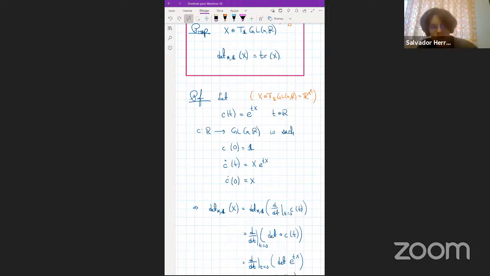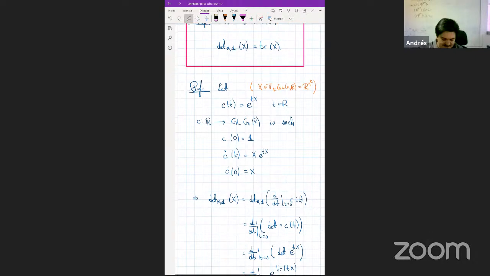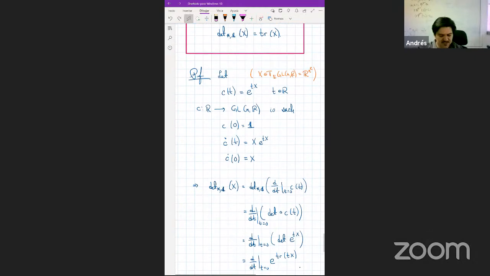We can use one of the properties above that relates the determinant with e to the trace. Right. We use that proposition, right? So the determinant is e to this, right?